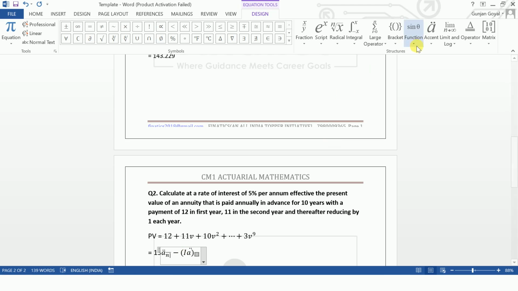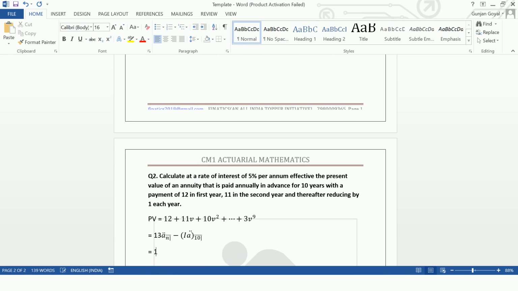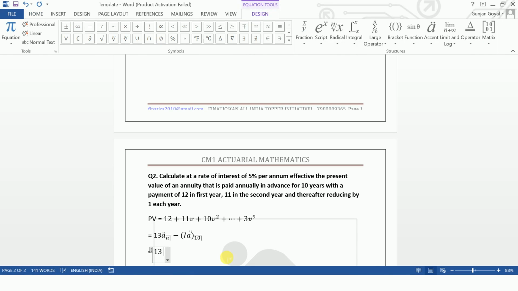Then again go to the 10 symbol, write I a-due 10 and give the pipe sign. This will come with practice. Once it's here, now you can write 13.